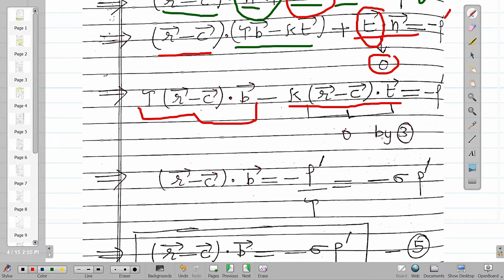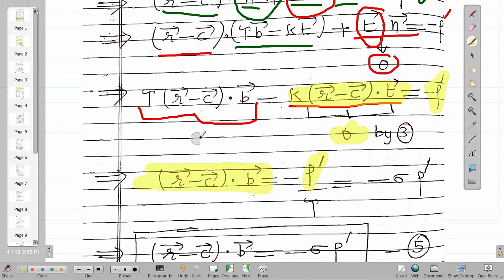So by equation number 3, which we already wrote, this product is equal to 0. Clear? If this term is 0, what do we get?